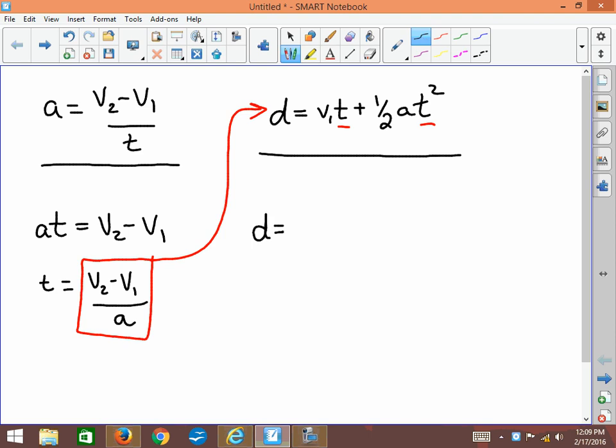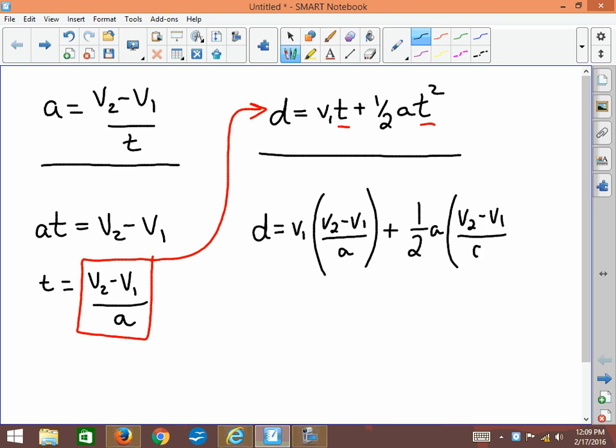So here's what it would look like. V1, now instead of t, I write (V2 minus V1) divided by a, and then plus 1/2 a, and again, where the t is, I write (V2 minus V1) over a, and of course that is all squared.